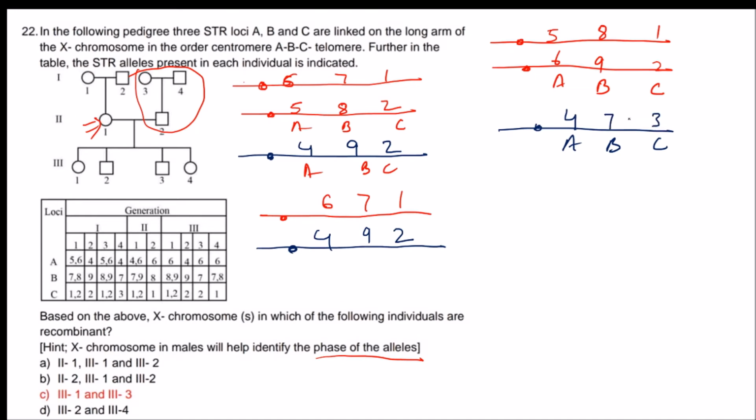Now again coming to the progeny, number 2, 1, definitely it will be inheriting the X chromosome from the male as it is, and we will get 4, 7 and 3 from the male one, and either this or this chromosome they will be inheriting from the female one. Now again look at the sets present in case of 2.